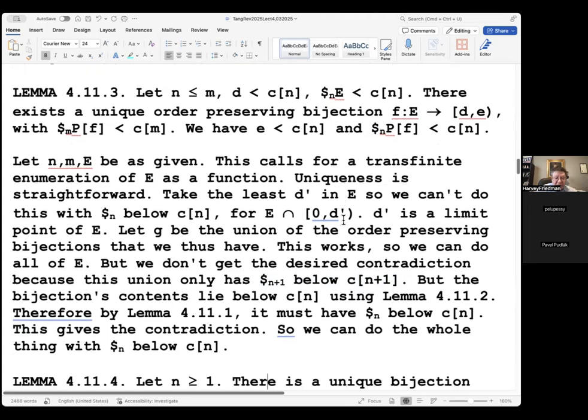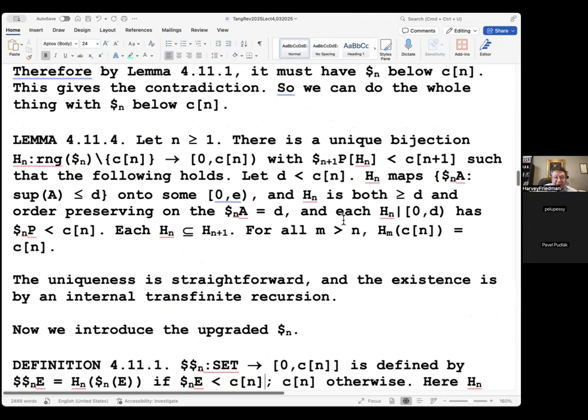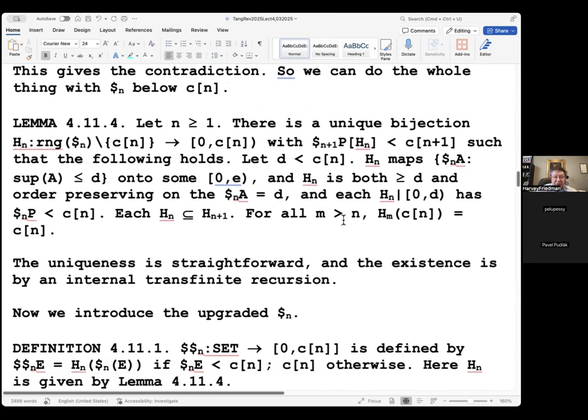And then, since I know how to do transfinite enumeration, a kind of transfinite recursion, I can apply this to the range of $n. Remember, the range of $n minus the default C of n. That was the problem. This was not the interval from all the way. That wasn't covering everything below C of n.